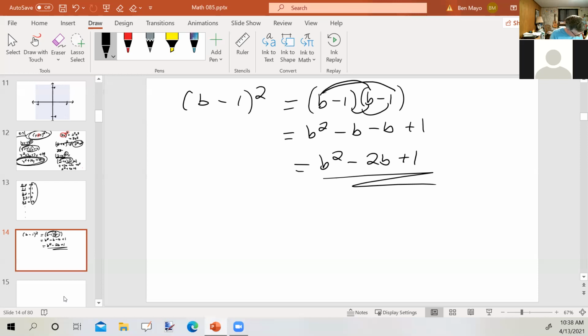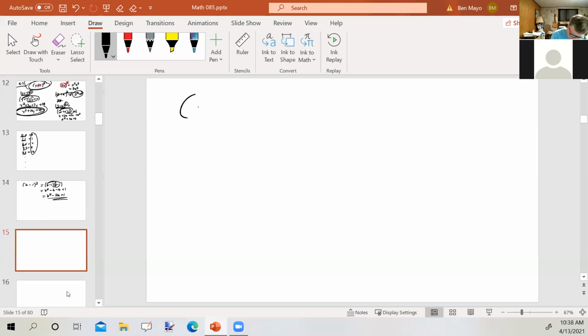All righty. Let's take a look at this problem. D plus 0.2, the quantity squared. So we get D plus 0.2 times D plus 0.2.